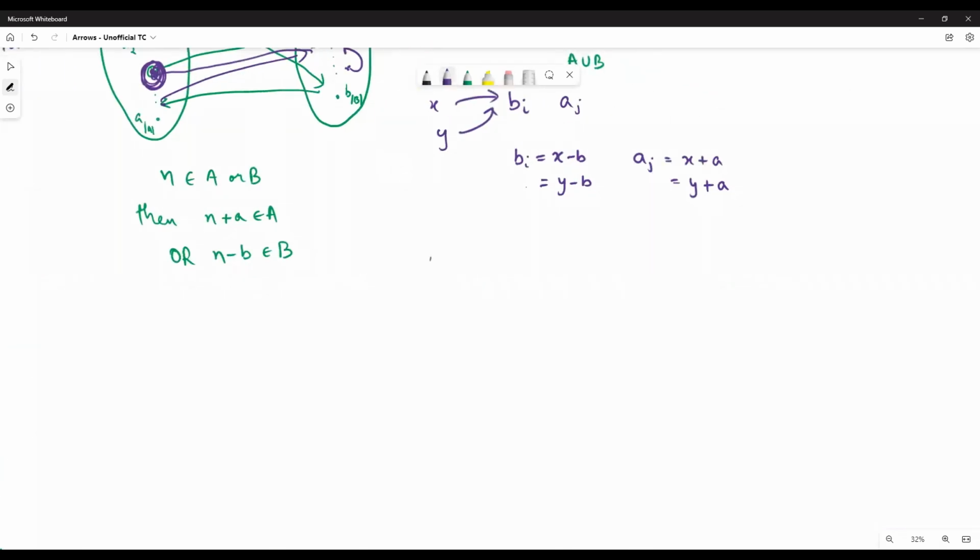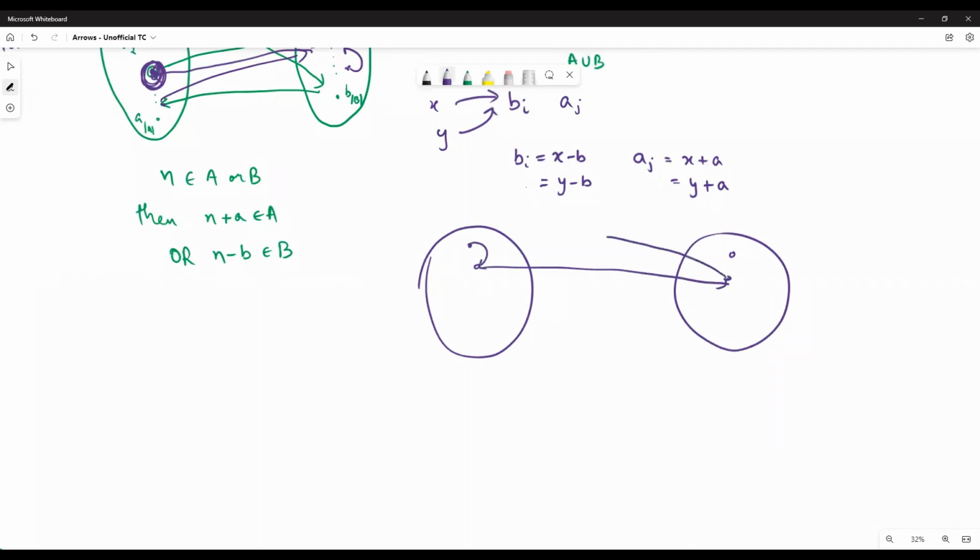It may happen that this is A, this is B. We go here, here, here, and there are maybe a few other numbers that get missed. So what do we do now? Better still, we just remove these three vertices.